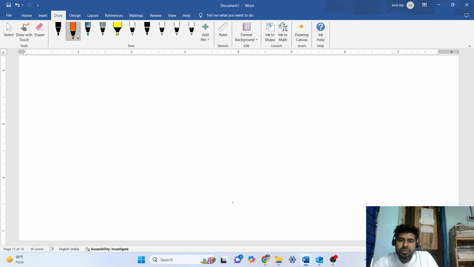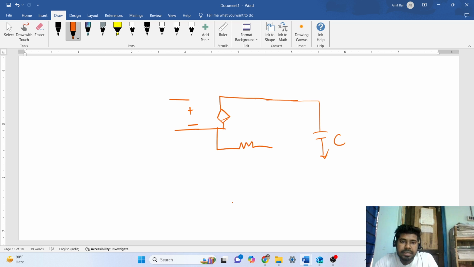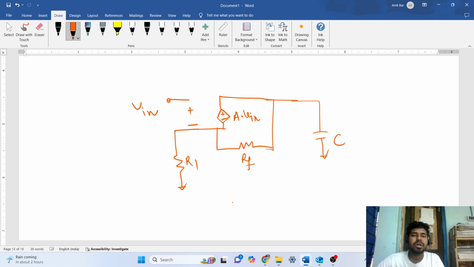This is the ideal op amp, so the output impedance is 0, and there is a capacitor C. At the negative terminal we have this RF, this R1, this is our Vin, and this is our dependent source A times Vd. This is the internal model of an op amp.